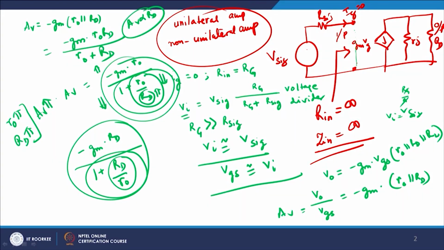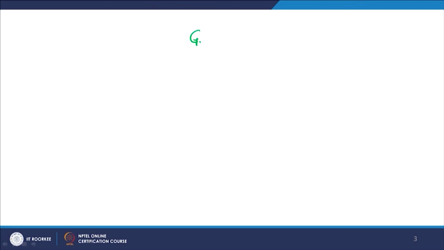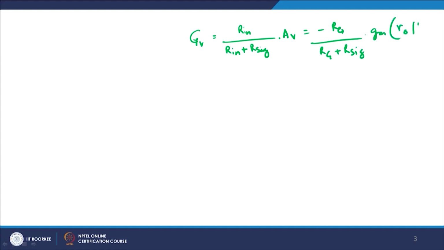If you want to find out the overall gain, the total gain of the system, then we write down Gv, which is the total gain, to be equal to Rin upon Rin plus R sig into AV, which is equal to minus Rg upon Rg plus R sig into Gm times Ro parallel to Rd, and this gives you the value of your overall gain of the system.